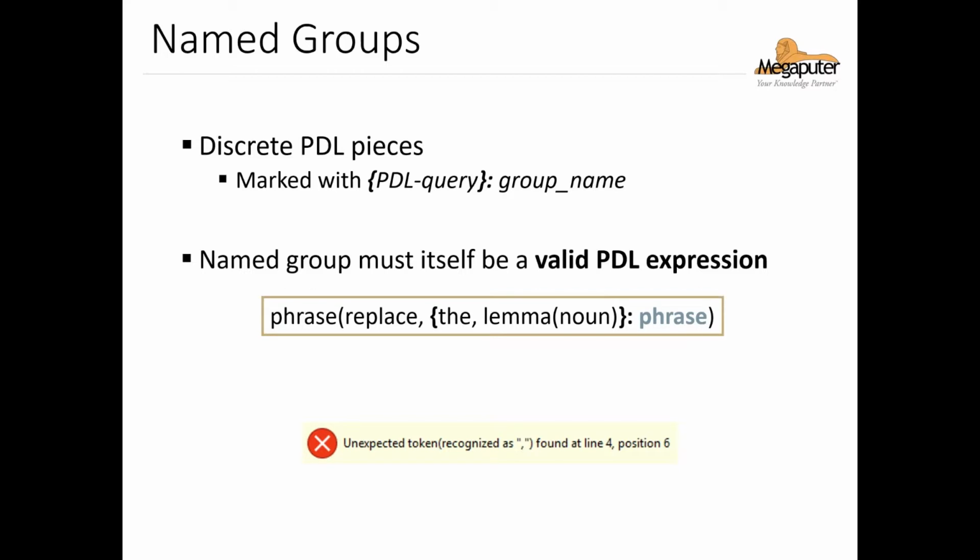If we try to put a named group around the comma lemma noun, we're going to get a syntax error, because the comma lemma noun by itself is not a valid PDL expression. We could do it around the by itself, or lemma noun by itself, or the entire phrase replace the lemma noun, but the comma lemma noun is not a valid PDL expression by itself. So we can't use a named group around that.